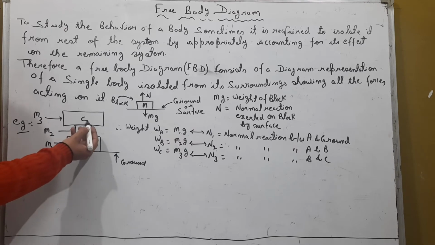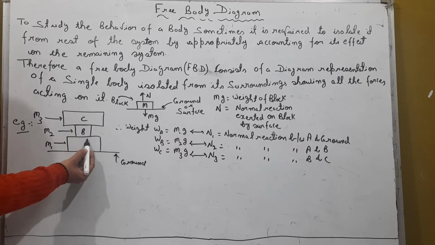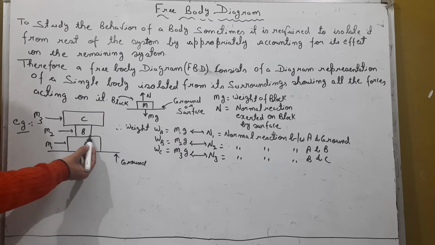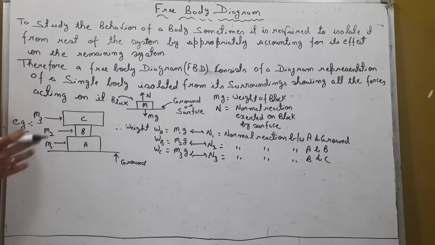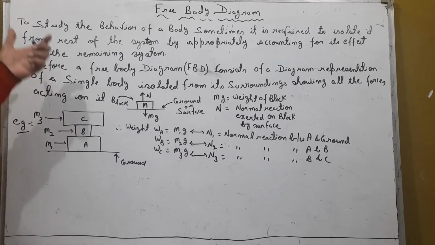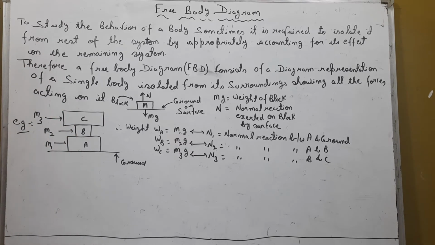Here B and C make a system, B and A make a system, and A makes a system with B and the ground. So we can say it is a whole system. If we want to analyze the nature of A, B, C separately, we have to make a free body diagram of each of these parts.